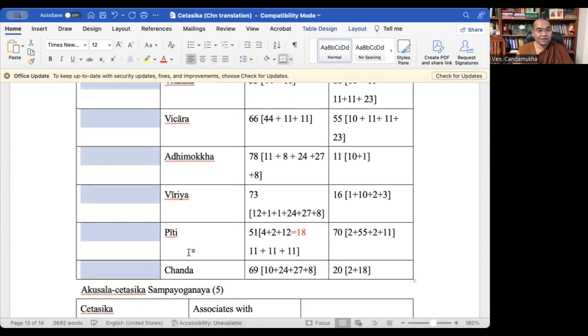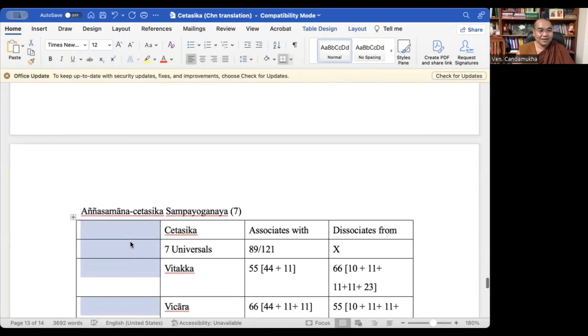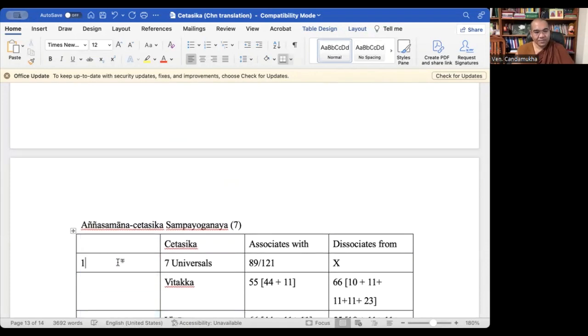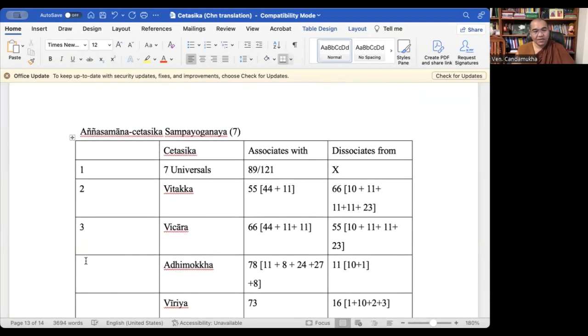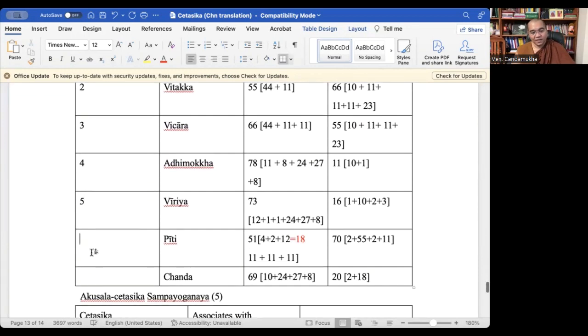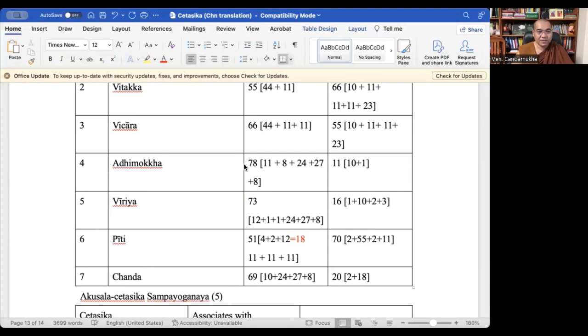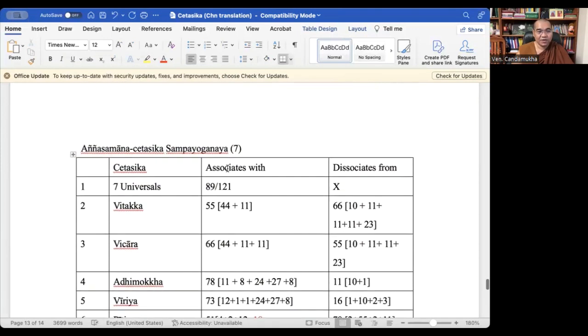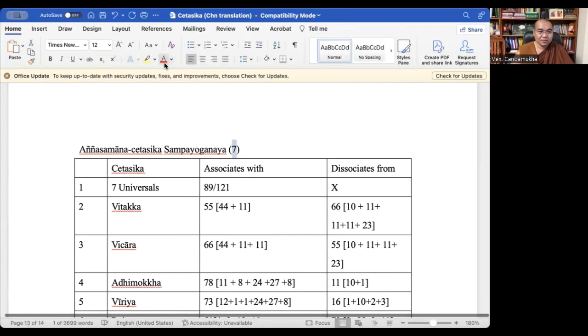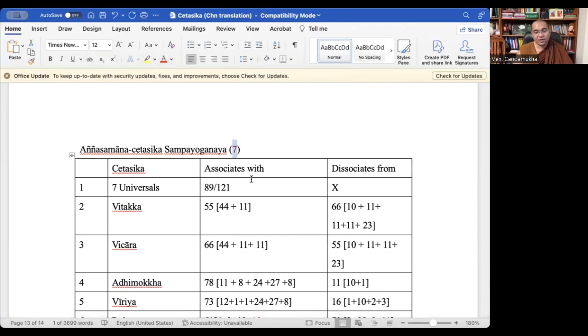There you can give a name: number one Sampayoga Naya, two Sampayoga Naya, like that, and also 4, 5, and then 6, 7. So in the Annasamana Cetasika, even though the number is 13, in Sampayoga Naya we get only 7 Sampayoga Naya. That's why it is mentioned here: for the 13 Annasamana Cetasika, we have 7 Sampayoga Naya.